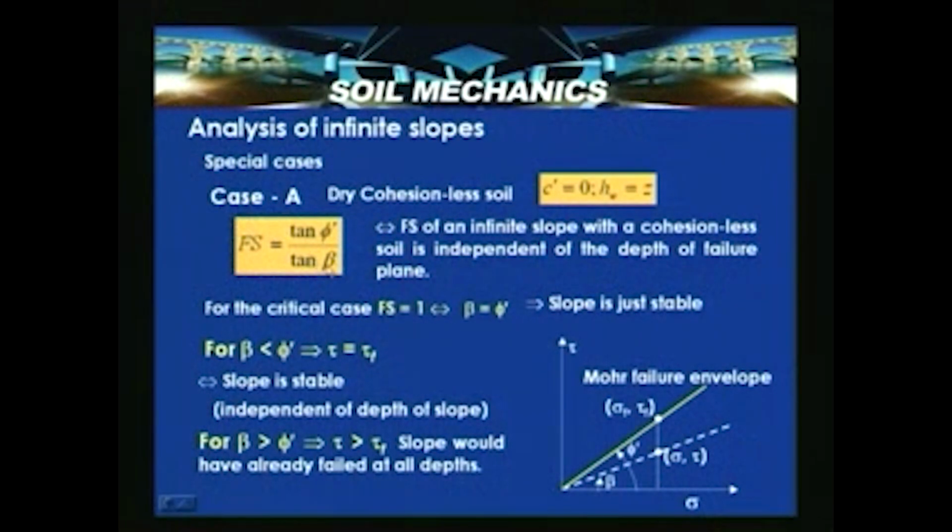Here we derived factor of safety is equal to tan phi dash by tan beta, which is a classical example for a sand dune or the angle of repose. If you wanted to form a steep sand heap, that can never be formed. We observe that the slopes always get adjusted and reach the angle beta equal to phi dash.